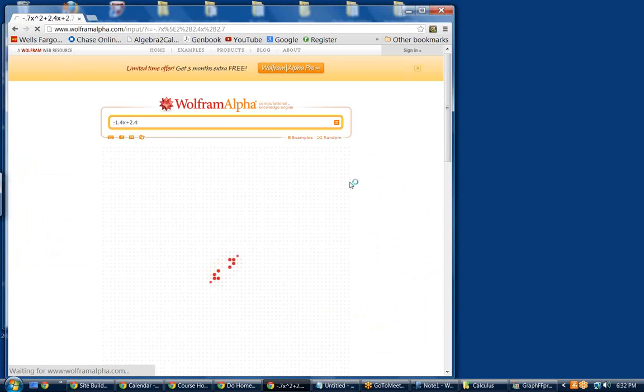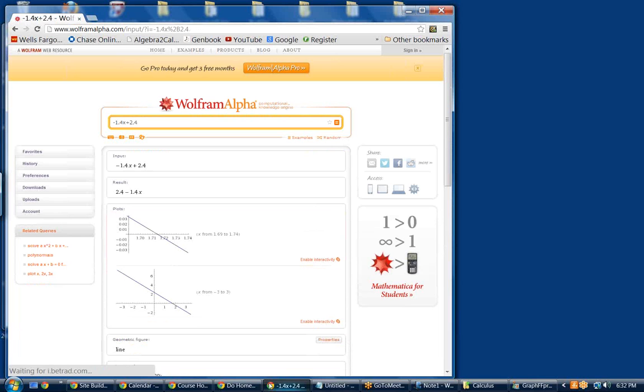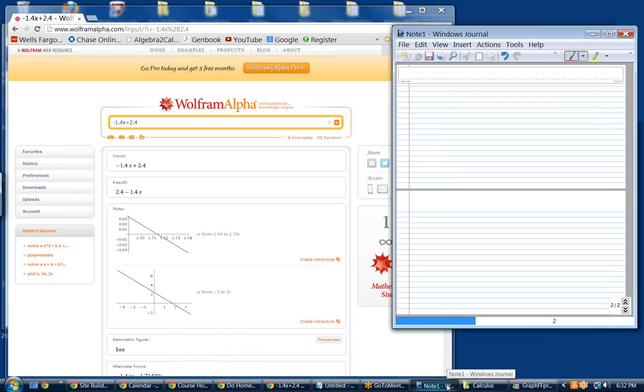How'd you get the 1.4 again? I took the derivative of the function by using the power rule. You just do 0.7 times 2, right? Right. So you get negative, and then you subtract 1 from the exponent.